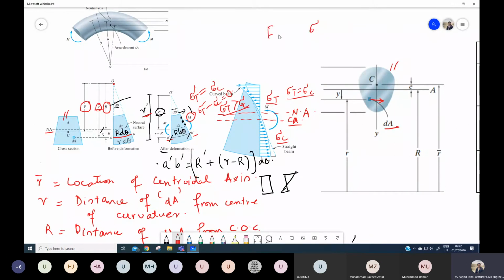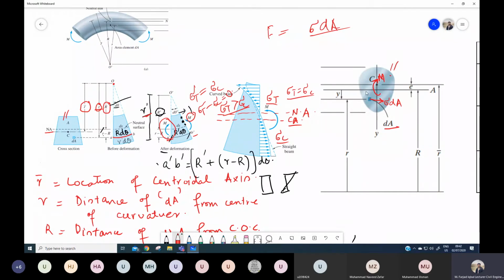We have calculated one equation for stress. If I want to know the force, the force is stress into area. For this differential element, the area is dA, so the force will be stress into dA. And another thing which is acting is this moment M, which is the same moment shown in this figure, right?